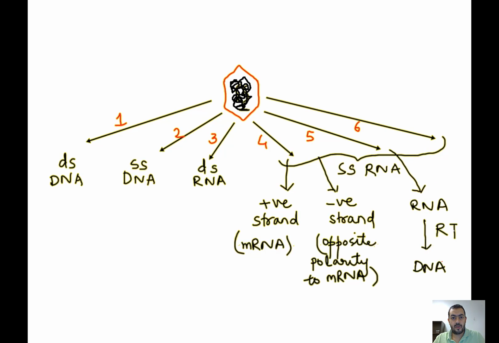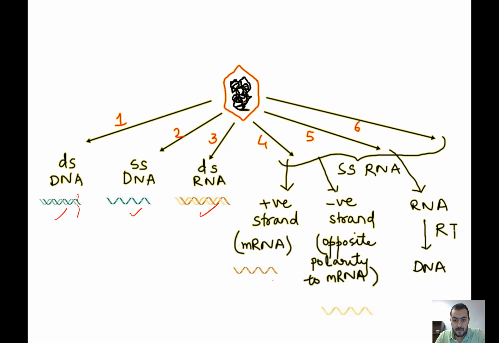And if you want to get a visual representation of that, think about double-stranded DNA like that, two strands of DNA forming the double helix. Then we have single-stranded DNA viruses. Then we have double-stranded RNA viruses.